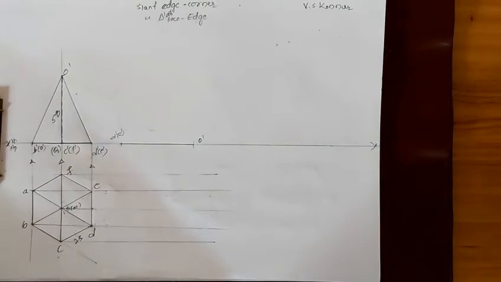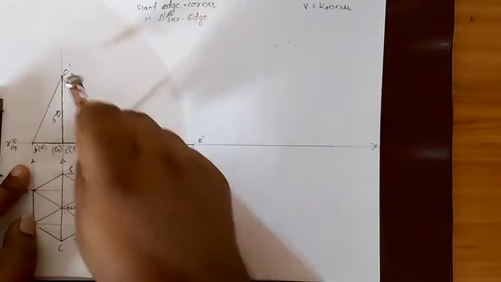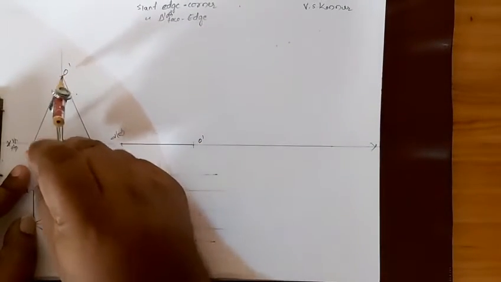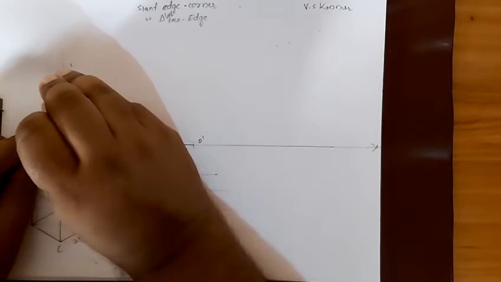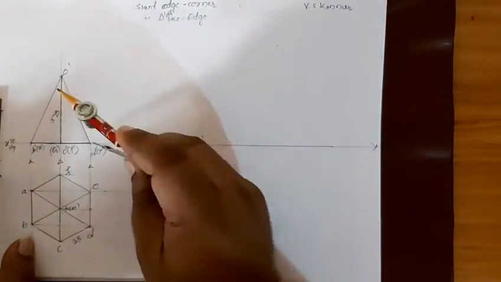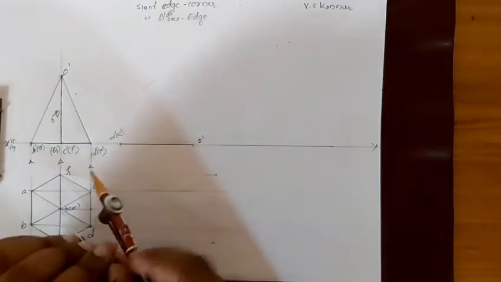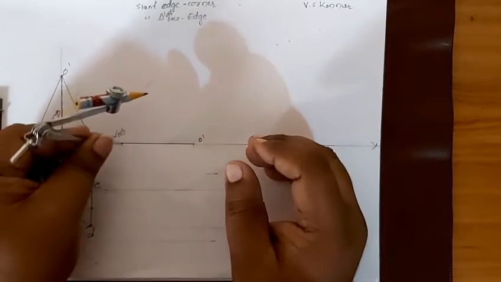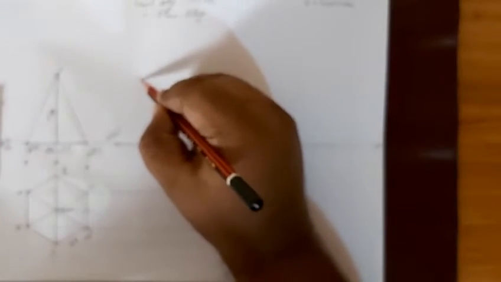Right, 2 points we got. Now we'll take the distance. Now we cut it from this point, and we will take the distance D dash, E dash to B dash, O dash. Keeping it, we will cut this. Here we will get the B dash, A dash points. Now we will join these 2 points.